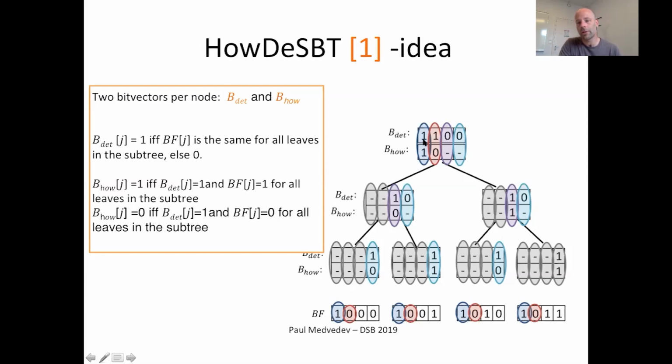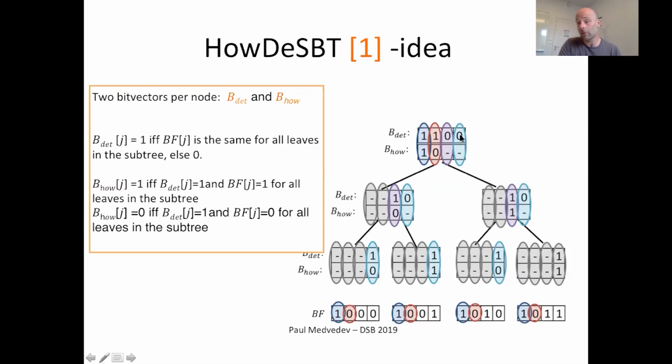So in this case, this kmer has the same value everywhere, and its value is 1. So there is no need to go in the subtree because you know that this kmer is present everywhere. In the same idea, this second kmer is determined, it's the same value everywhere, and its value is 0. So you know that it's absent everywhere.